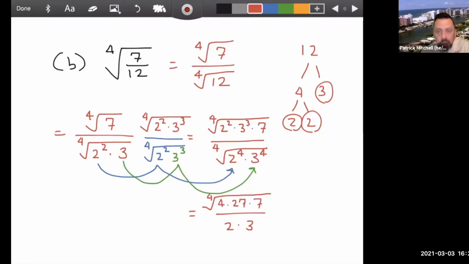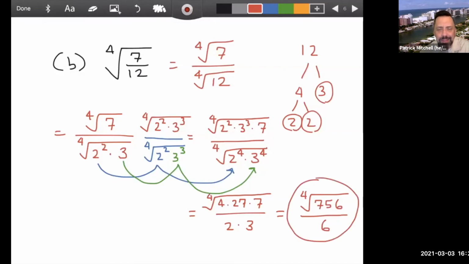Okay, so 4 times 27 is 108. 108 times 7 is 756. So believe it or not, the simplified rationalized denominator form of this answer would be the 4th root of 756 over 6.